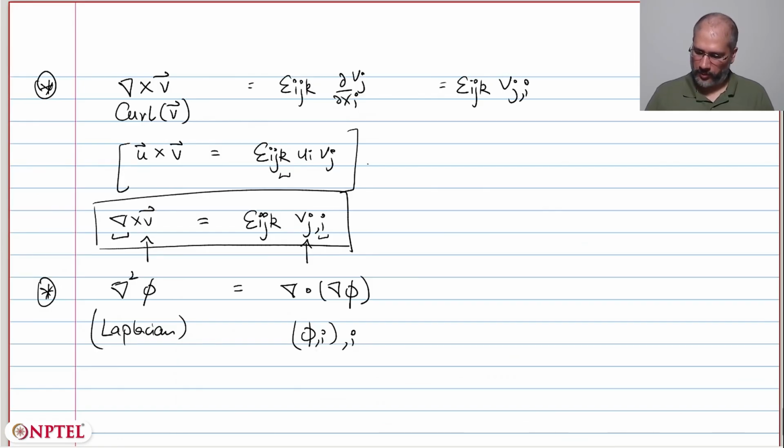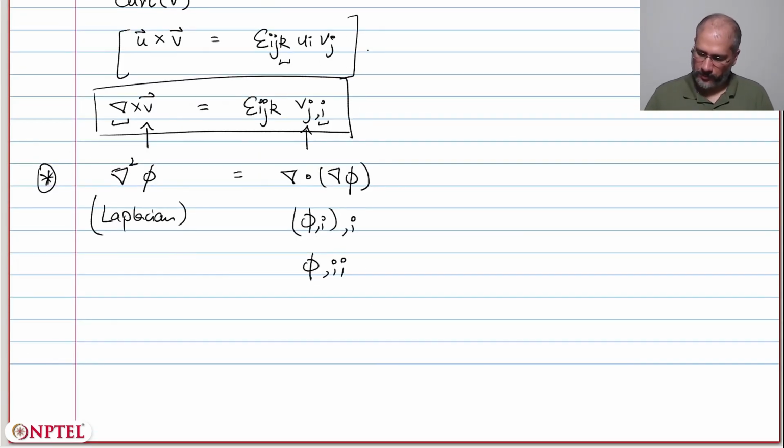So if I was to write this, this becomes phi comma i, which is nothing but, if you were to write the traditional notation, del 2 phi upon del xi del xi.